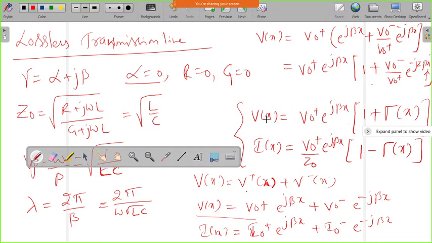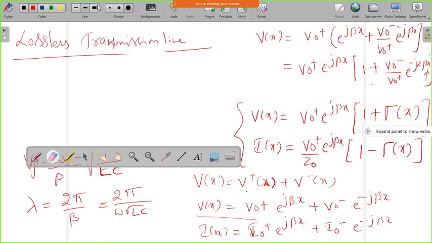Now we can look at what will happen at the source end. If I have the transmission line like this, with the source, which is the generator, we can call it Vg, and we have the source impedance, or the characteristic impedance, Z0.